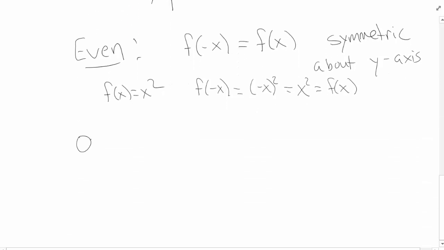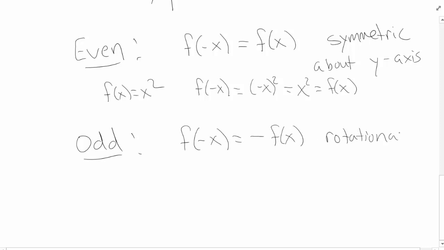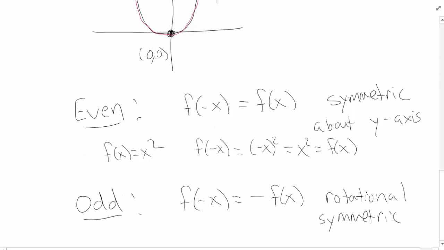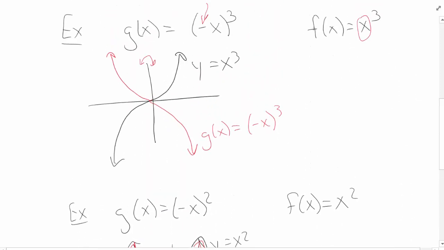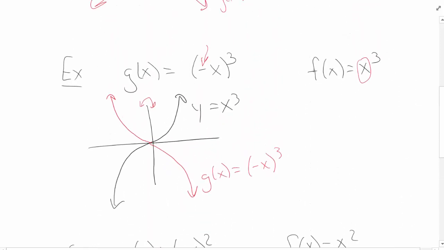Another interesting trait of other functions is odd, and that's if you have f of negative x is equal to negative f of x. Those are going to be rotationally symmetric, or symmetric about the origin. And odd, you could probably guess something like x cubed is odd. So you can see that what was up here, if you rotate it, is now over there.